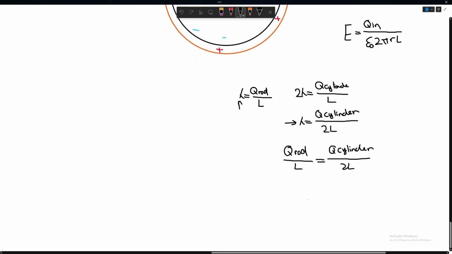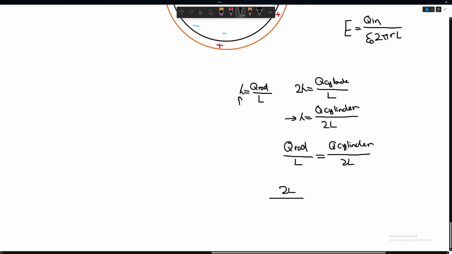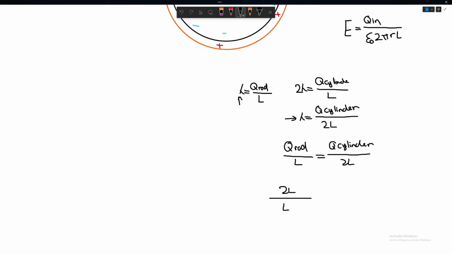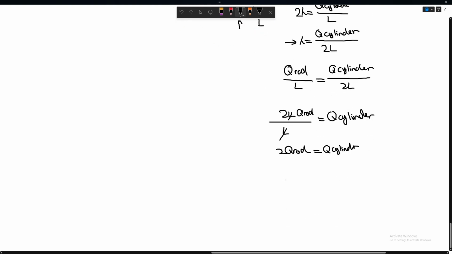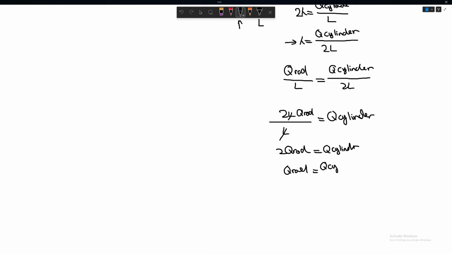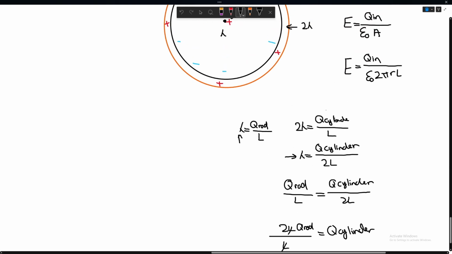If I take 2L to the other side, I get 2L over L, and this will cancel out, making 2 Q rod equals Q cylinder. Now if I re-isolate, then Q rod equals Q cylinder divided by 2. And that's what I have up here.